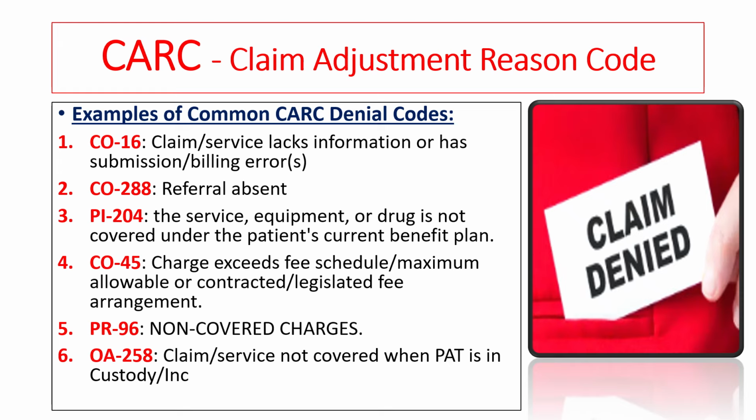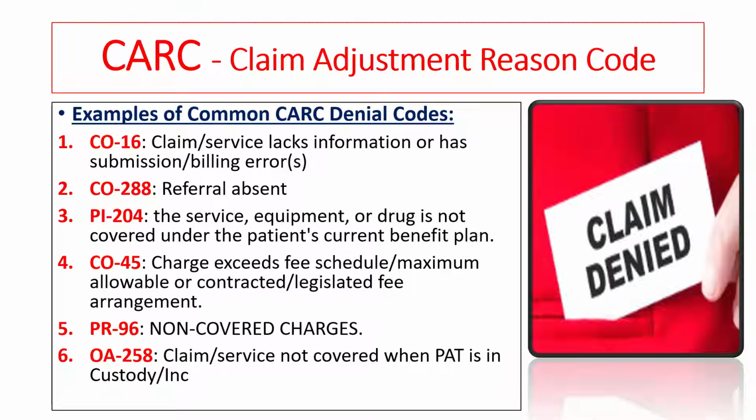And some other thing is CO45. Charges exceed fee schedule, maximum allowable, or contracted legislated fee arrangements. So nothing but, whenever the claim is paid, 99.99 percent, we will use this code. It's very important. If the claim is paid to the doctor, we will see CO45 on a paid EOB.